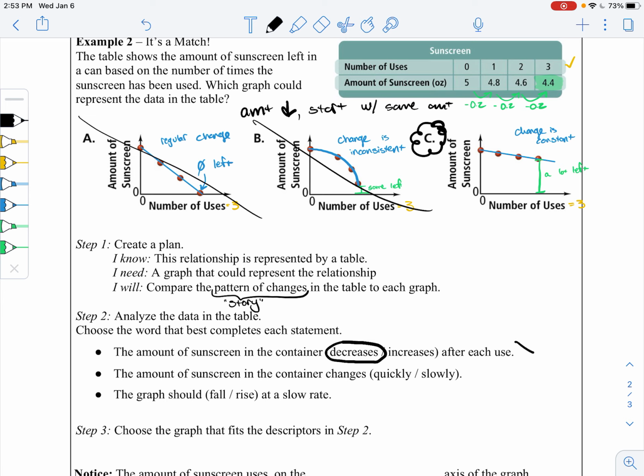And the amount of sunscreen in the container changes slowly. It only changes by 0.2 ounces, which is not very much. I think the graph should fall since it is decreasing at a slow rate. So we needed a graph that is falling slowly. Nailed it. So number C.